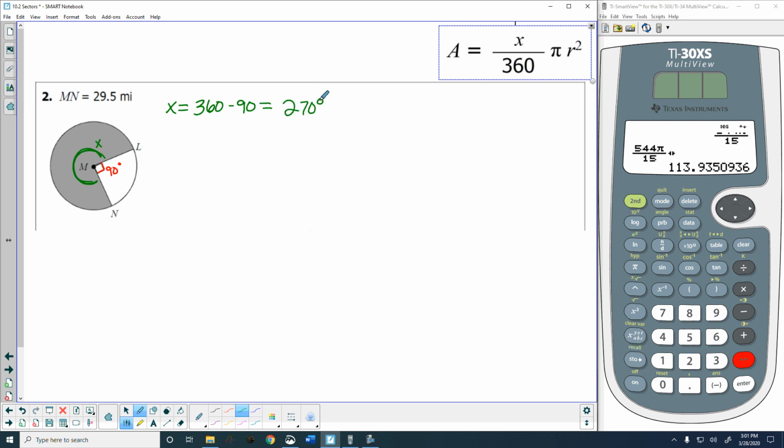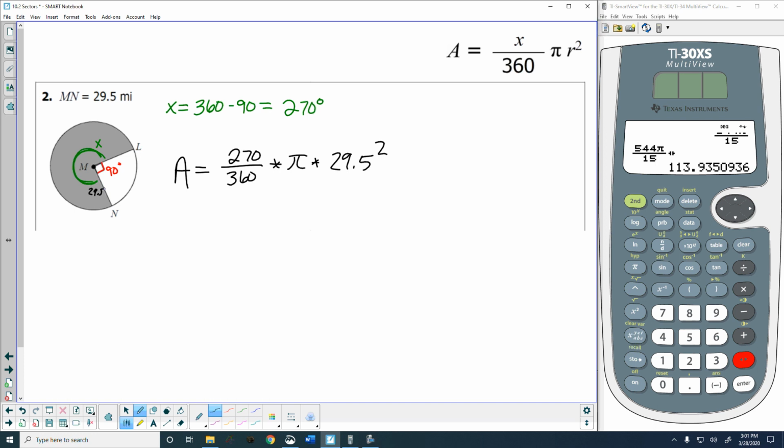So that's 270 degrees. Now to find the area of that shaded sector, it's our central angle divided by 360, and we multiply that by the area of the circle, pi times radius squared. And the radius there is 29.5.